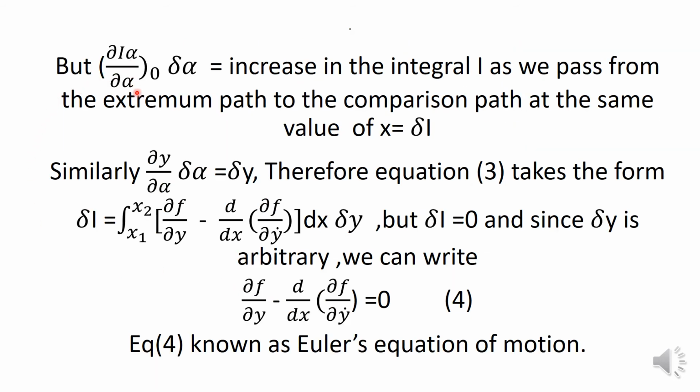But ∂I/∂α at 0 into δα is equal to the increase in the integral I as we pass from the extremum path to the comparison path at the same value of x, which is equal to δI. Similarly, ∂y/∂α into δα is equal to δy.